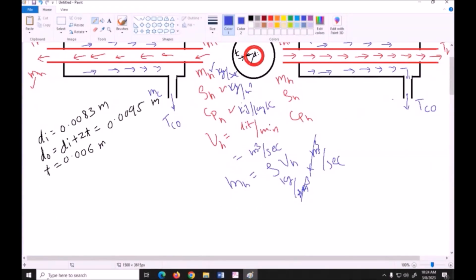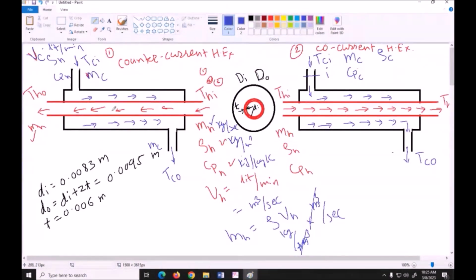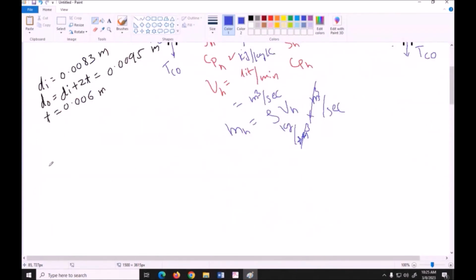Now, how can we find out the overall heat transfer coefficient? As hot water flows, it will lose temperature, and cold water temperature will increase. So heat is lost by the hot water, and that heat is gained by the cold water. So heat lost by hot water, Q, is equal to mass flow rate, specific heat of hot water, into THI minus THO.